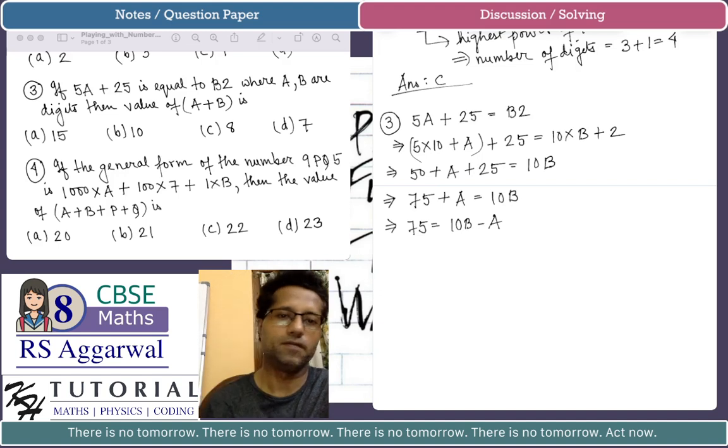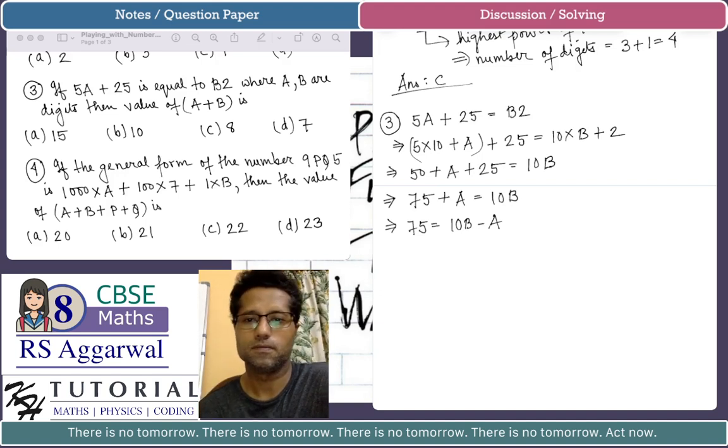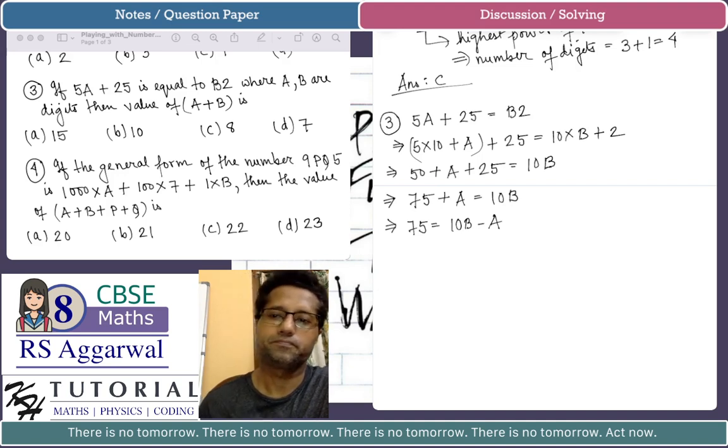5A plus 25 is equal to B2. Okay, so 5A in the general form will be 5 into 10 plus A, and we have plus 25 equals B2, which is 10 into B plus 2.